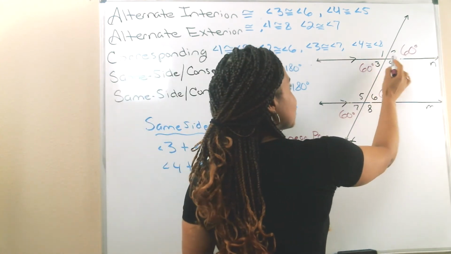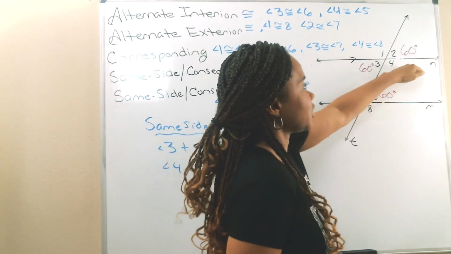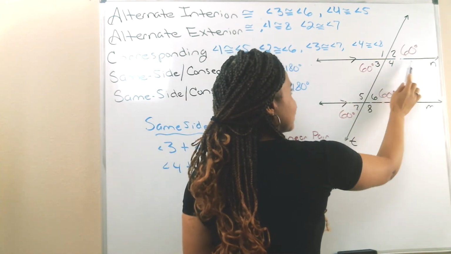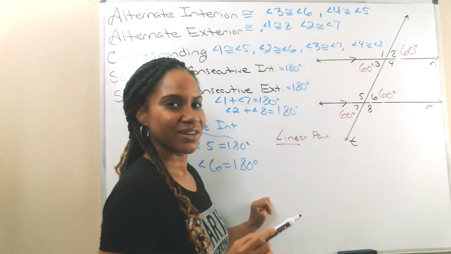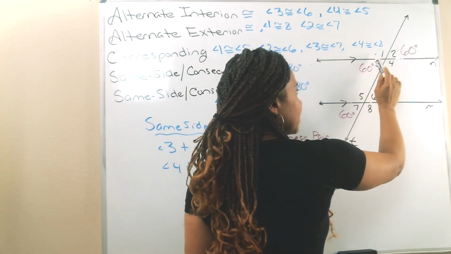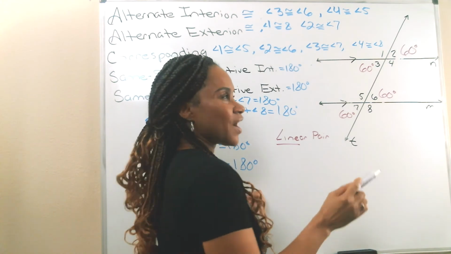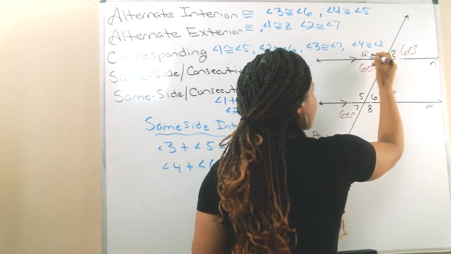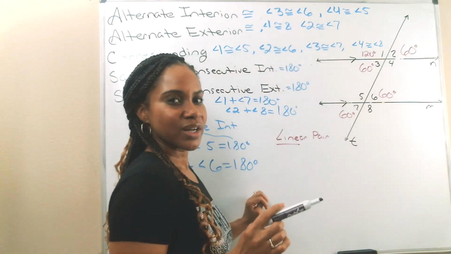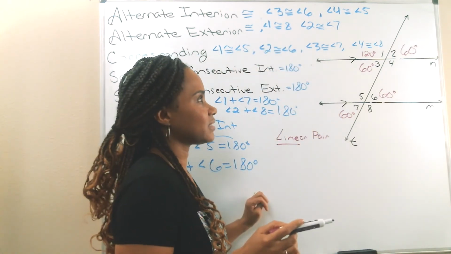So if we're looking at angles 1 and 2, they share this straight line here, line N. So their sum is 180 degrees. So if angle 2 is 60, what would be the measure of angle 1? Hopefully you're thinking 120. If you are, that is correct. You simply subtract 180 minus 60.